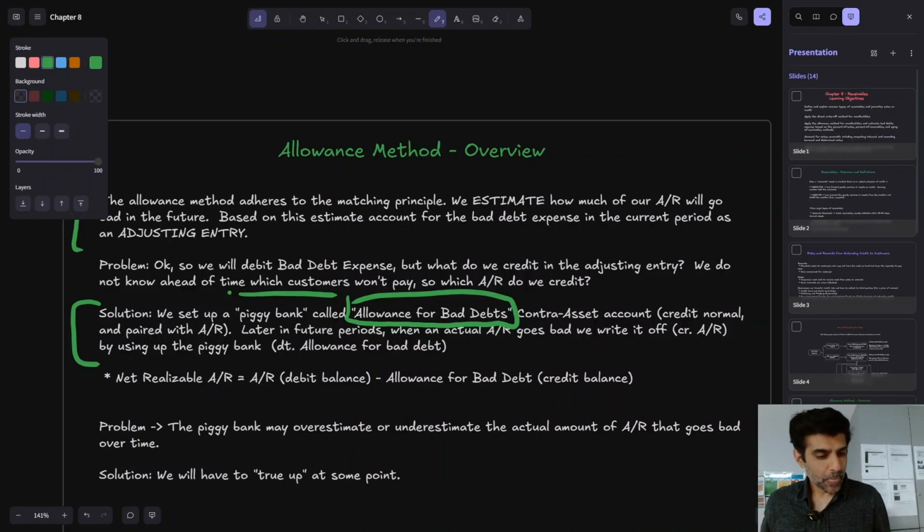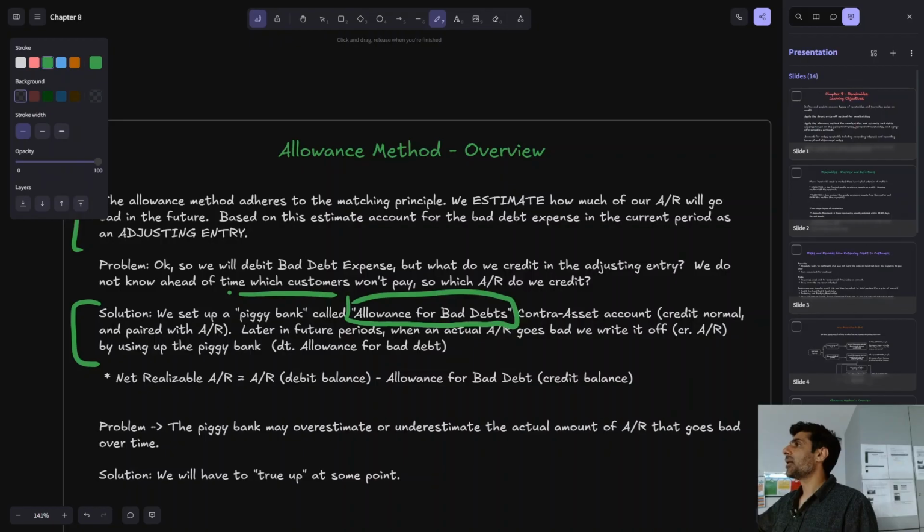It's a contra account. It's paired with accounts receivable. And then in future periods when we actually have accounts receivable go bad, we're going to reduce that piggy bank. Okay, and I'll show you how that's done with the journal entries in a second.